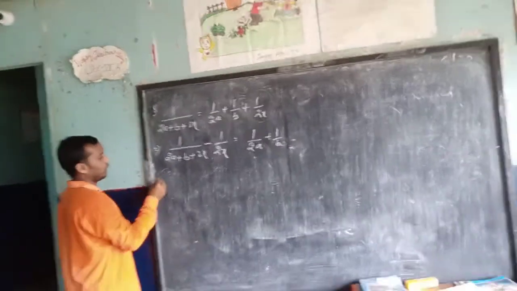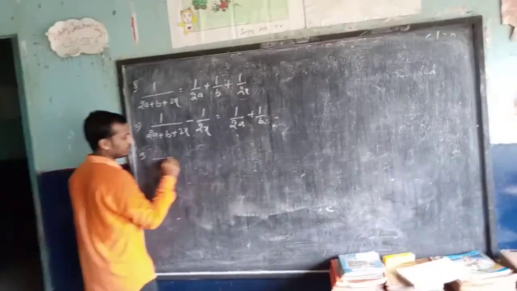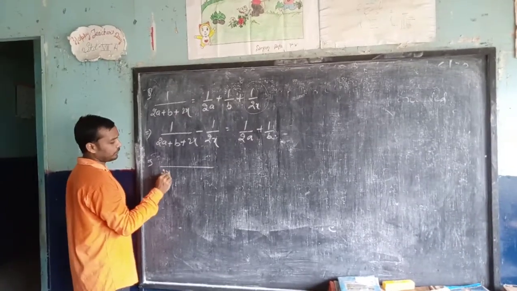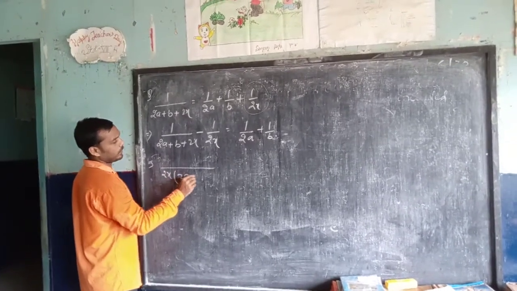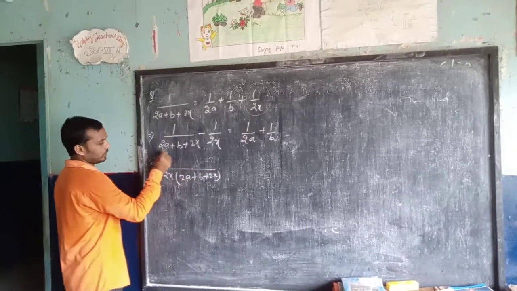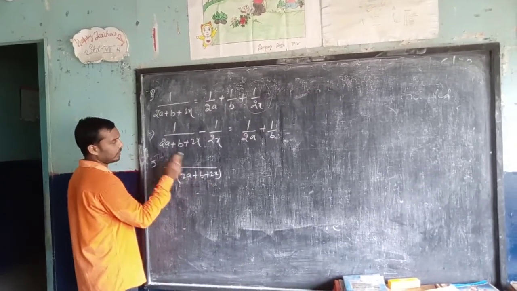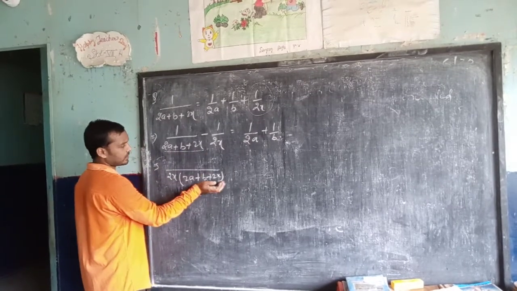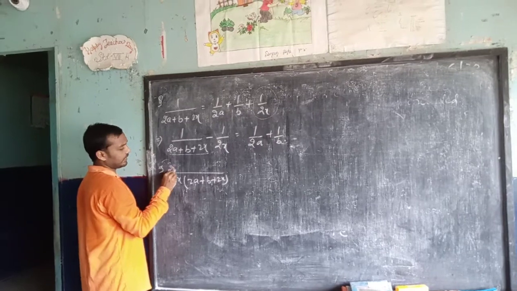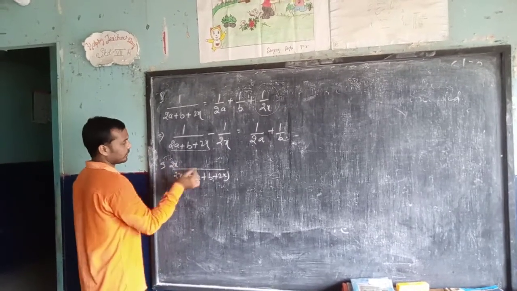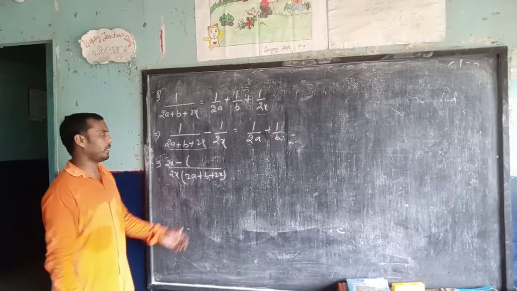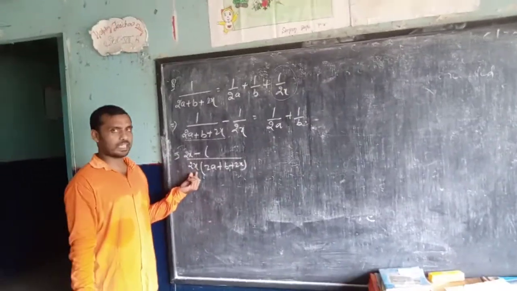Okay. Now what will we do? We will take the LCM, students. For the LCM, we will have 2x into (2a plus b plus 2x). When we divide the LCM by this term, we are left with 2x. So write it as usual, 2x minus, keep the bracket, the 2x cancels out.